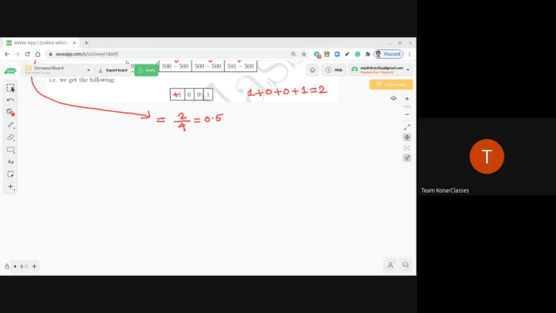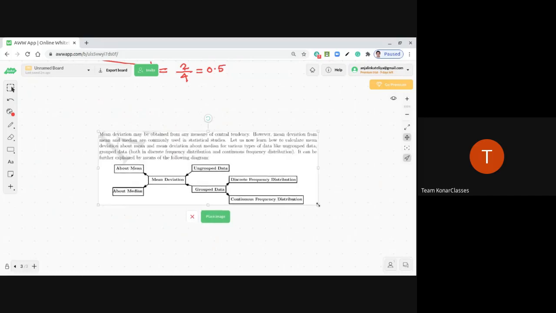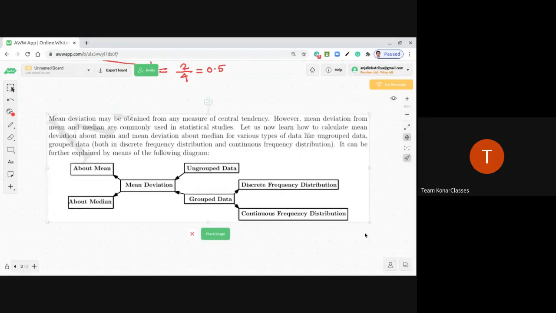So I'm going to give you this diagram, and then you will have a very clear idea of why I'm talking about all these different types of data and how we can find the mean deviation about mean and about median for these types of data.